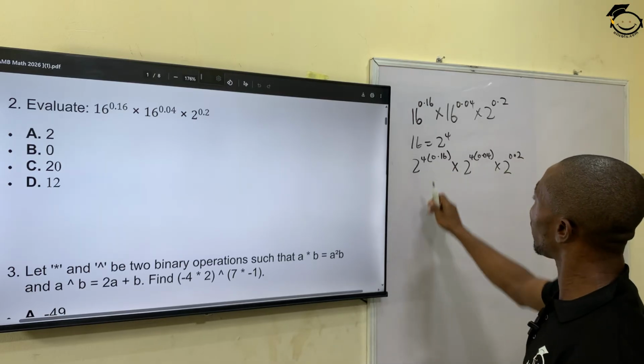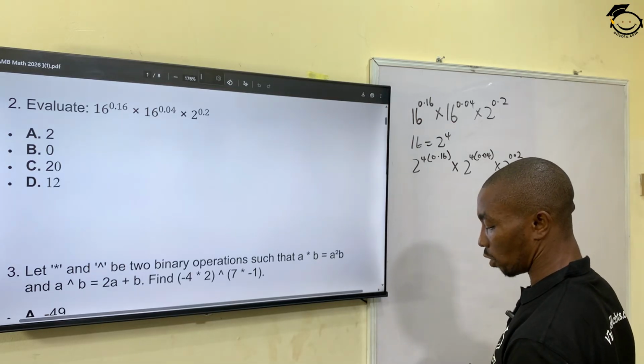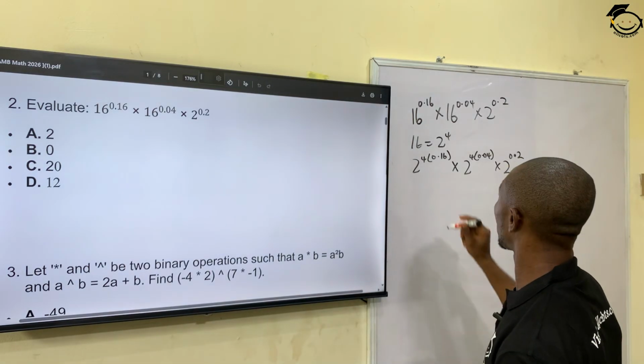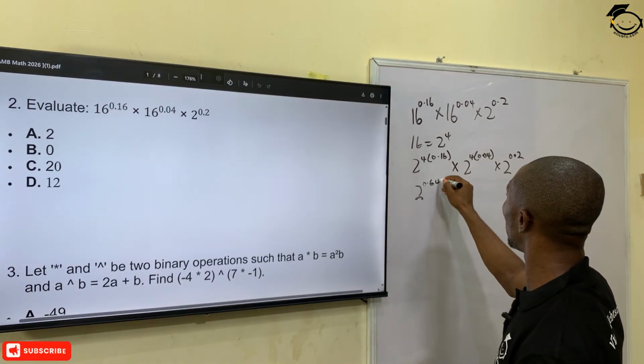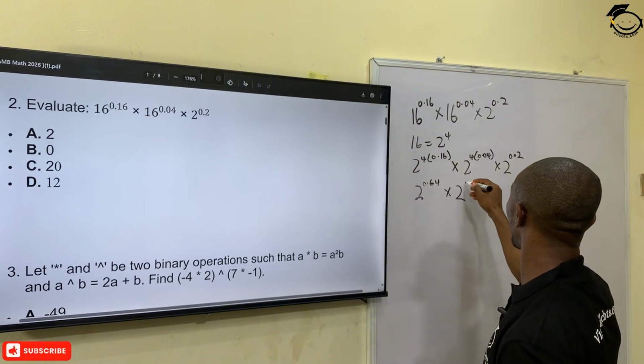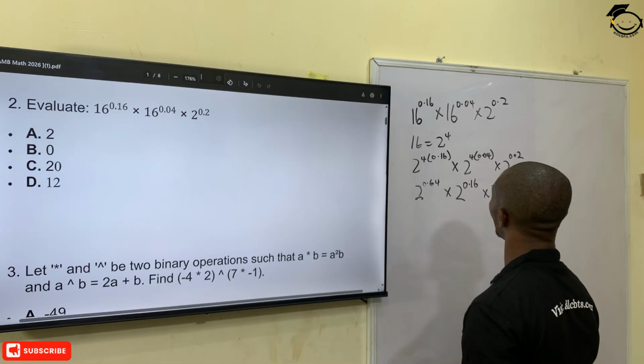All right, if we expand this, 0.16 times 4 will give us 0.64. So this will be 2 raised to the power 0.64 times 2 raised to the power 0.16 times 2 raised to the power 0.2.